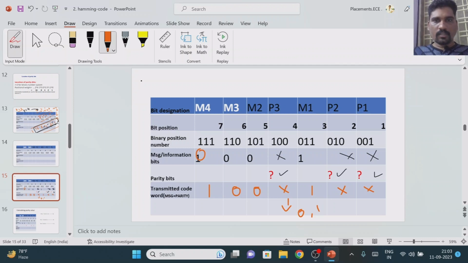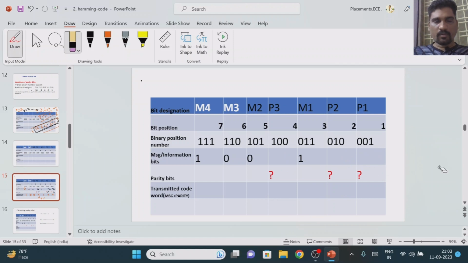Now we will try to find out the parity bit values, fine? How do we find out P1, P2, P3? Because I have only 3 parity bits that I am trying to find out.